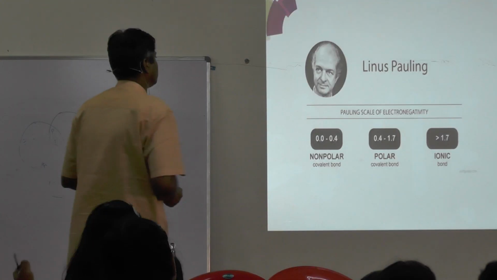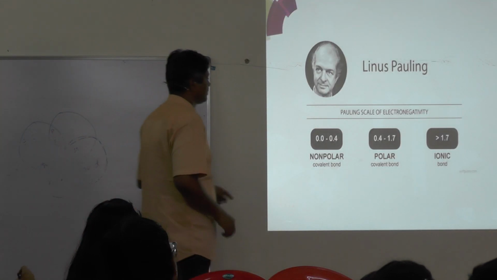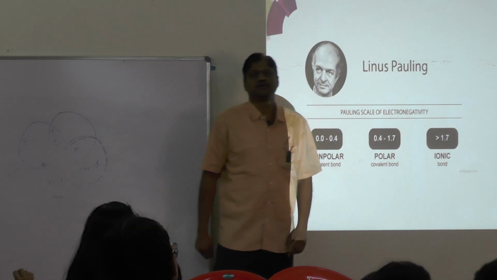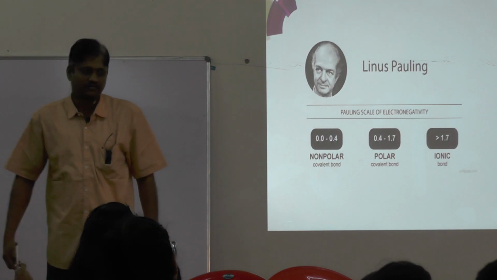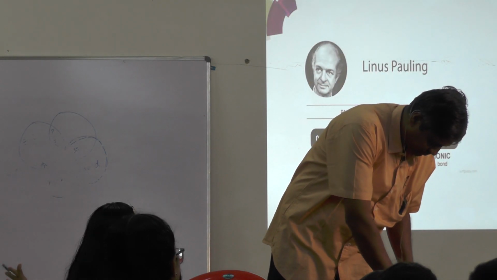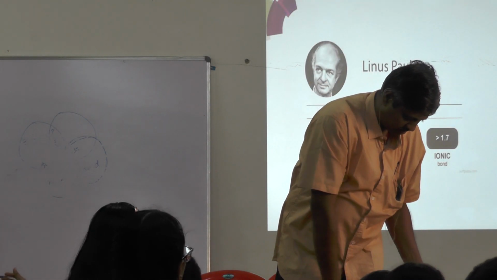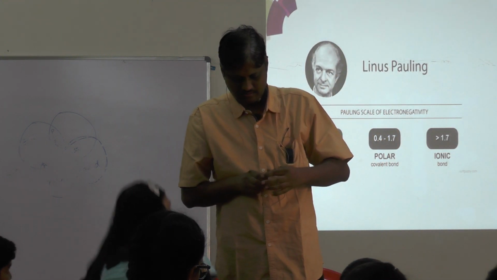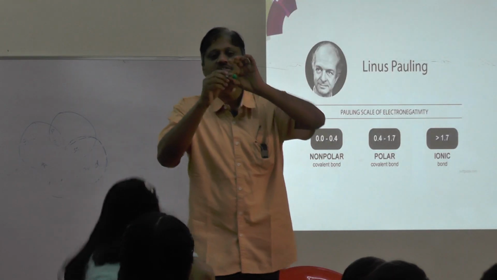So if the difference is 0.4 to 1.7, for example, we can make HCl. This is HCl.